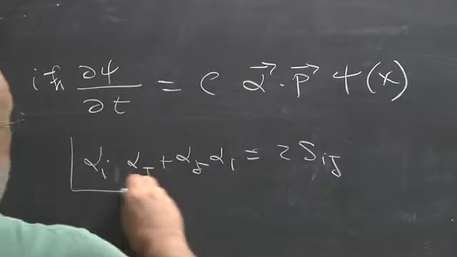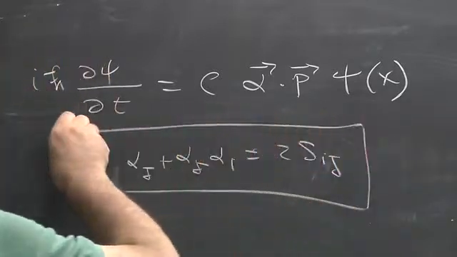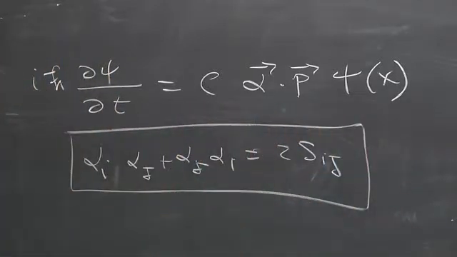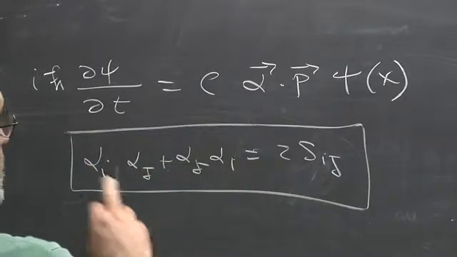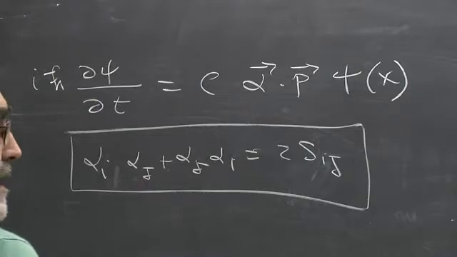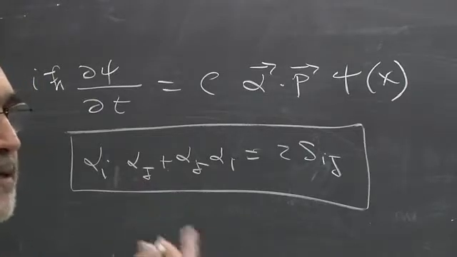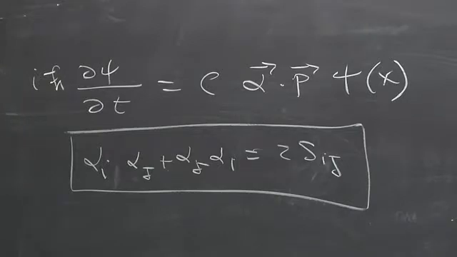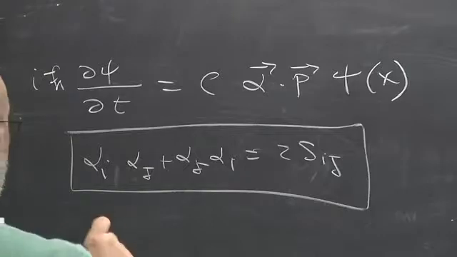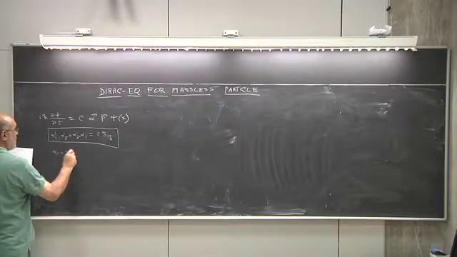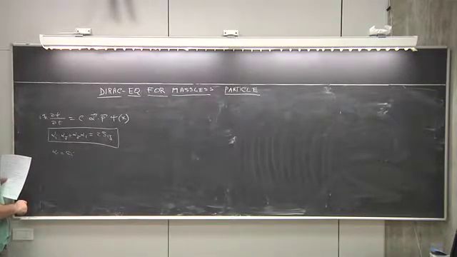I have only this relation. Now, imagine Dirac had done this at the beginning for a massless particle. He would have got this. Then the realization of this algebra can be done by 2 by 2 matrices. That means that if we had to satisfy only this, then the alpha i we could choose to be the Pauli matrices, 2 by 2.